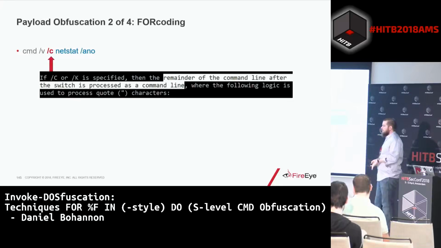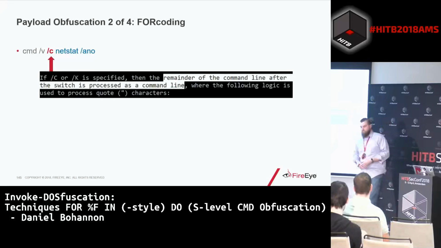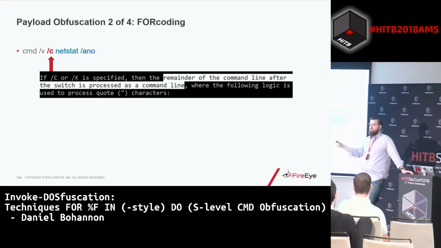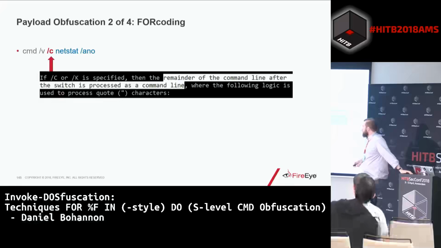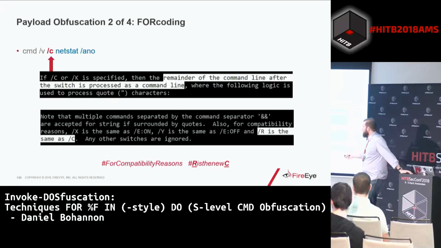Another fun fact, so /C. A lot of defenders will say, okay, I know attackers can rename command.exe to something else, so I'm just going to anchor my command on if the argument contains /C, then it's probably command, and I'll look for the rest of the things there. Well, if you scroll down in the help menu, you'll find that for compatibility reasons, /R is the same as /C.